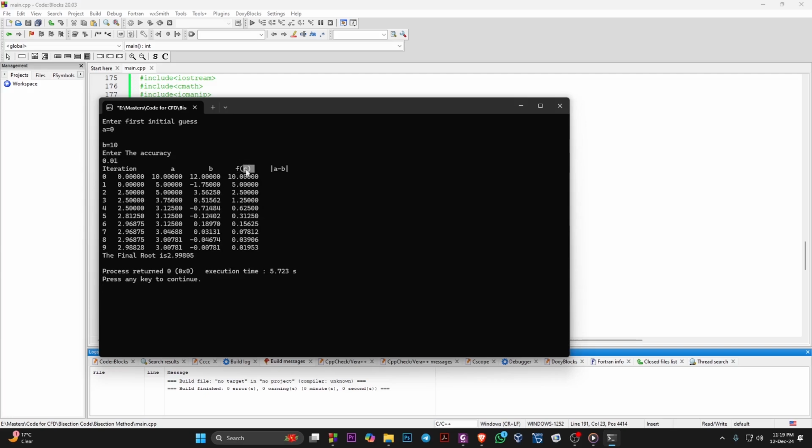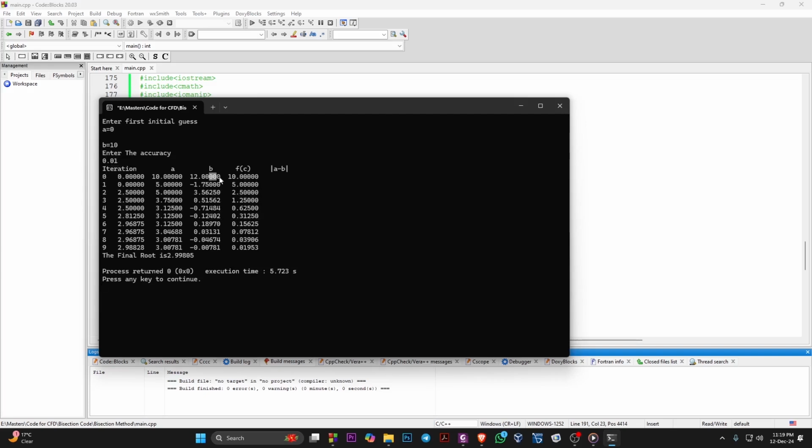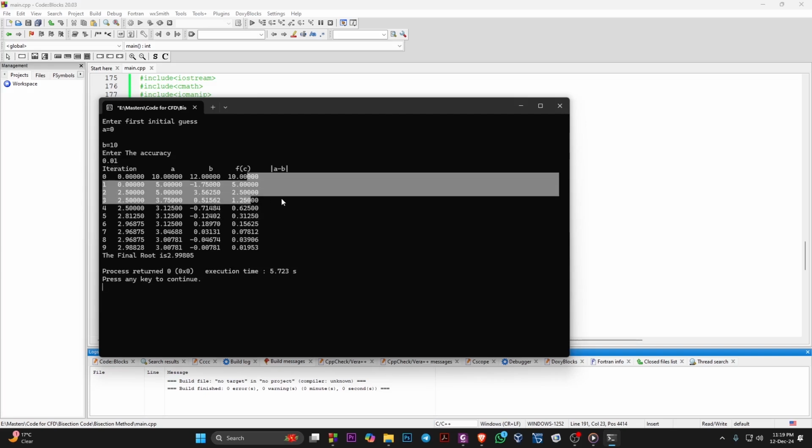Okay, that looks quite good. Iteration value, a value, b value, c, and a minus b.